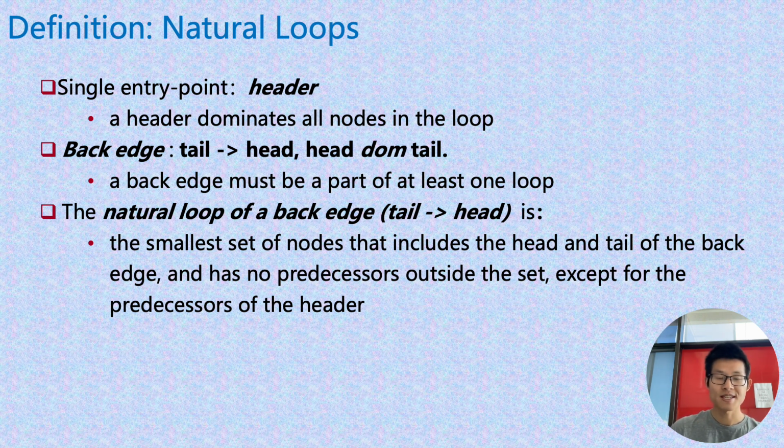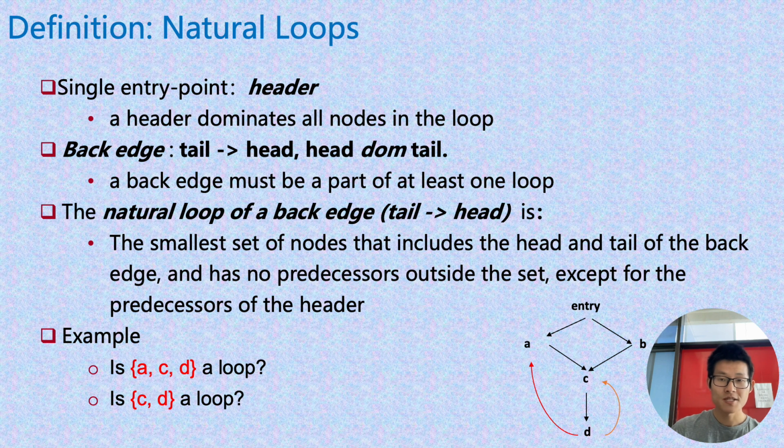The back edge is an arc edge such that its head dominates its tail. The back edge must be a part of at least one loop. The natural loop of a back edge is the smallest set of nodes that includes the head and tail of the back edge and has no predecessors outside the set, except for the predecessors of the header.